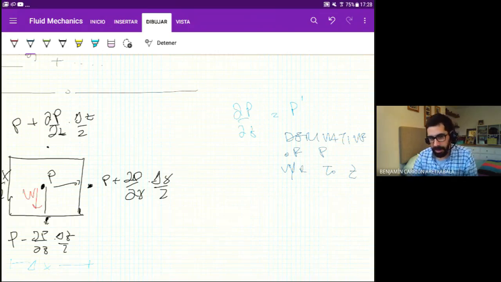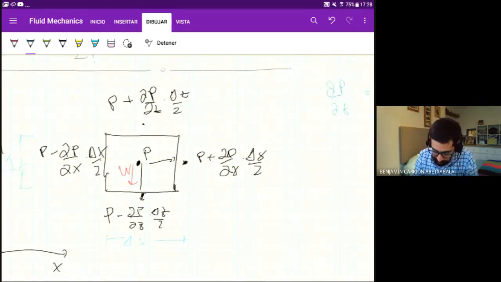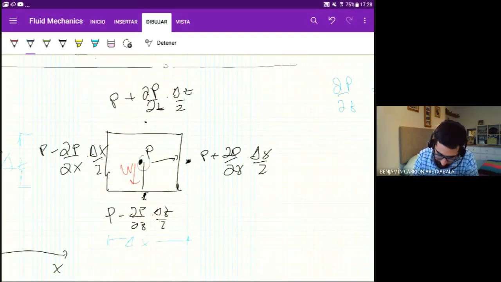And it's not explicit here, but this derivative is evaluated at this point, because we are assuming that in the center of our volume, we know everything. We know the pressure, we know the derivatives, we know everything. So P and dP at dz are evaluated at the center of the volume.